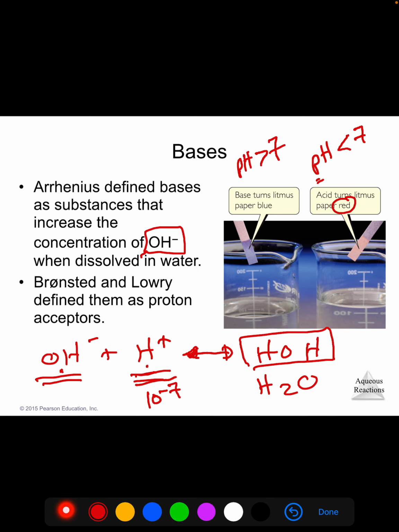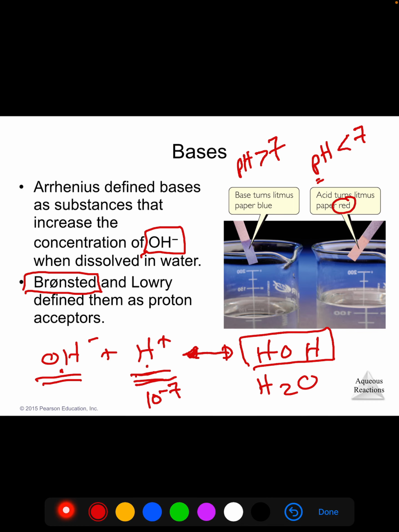Bronsted and Lowry were working a little bit after Arrhenius, who won the Nobel Prize in like 1903 or 1913, I forget exactly. Bronsted was a Danish chemist, as you can tell from the name, Johannes, like Johann Sebastian Bach.